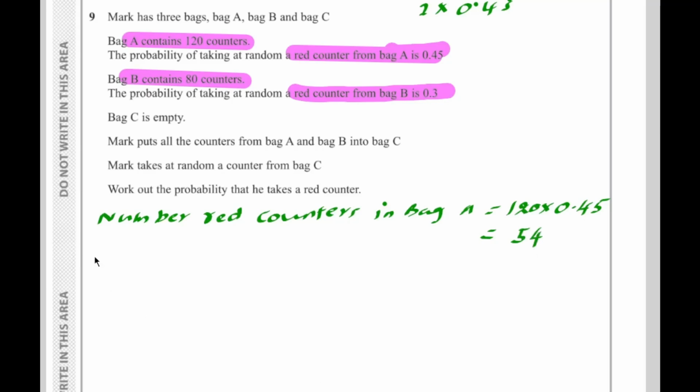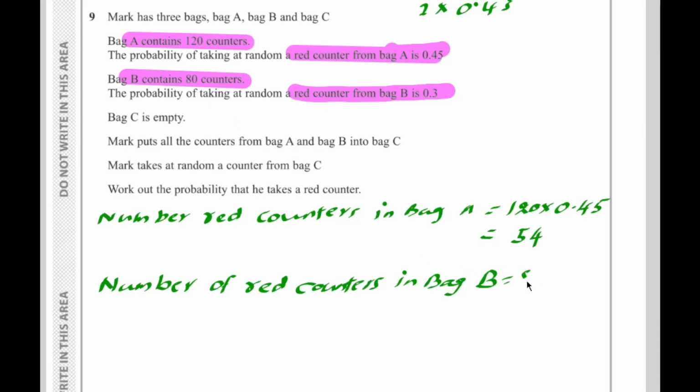Right. Next one, number of red counters in bag B, the same way. There are 80 counters in that bag.